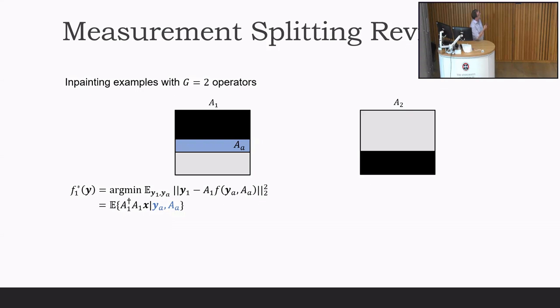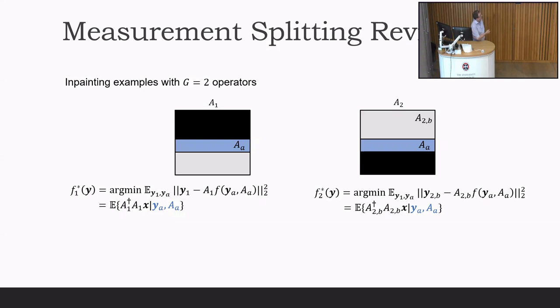And that essentially gives me the minimum mean squared error estimator of part of my image, but only the part that is observed by A1. I can repeat the process for A2, again using capital A, little a, and in this case, I'm just going to predict Y2B. So here I was predicting the whole of the measured A. Here I'm now going to just predict Y2B.